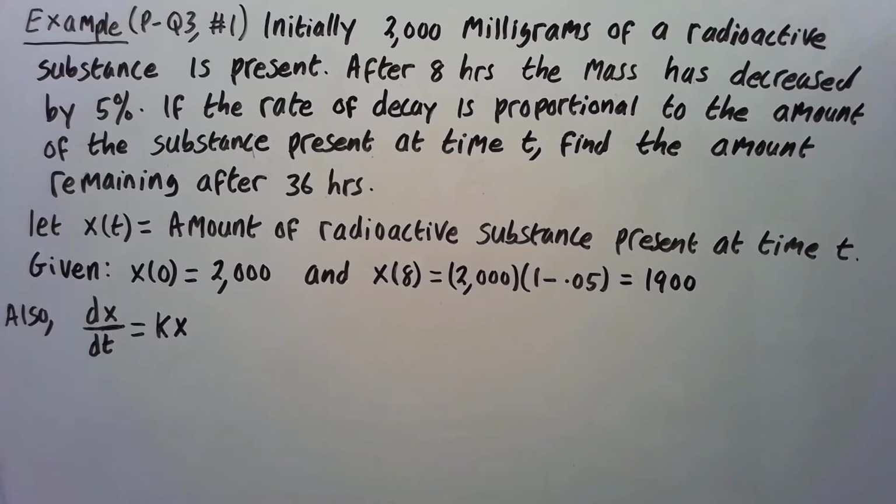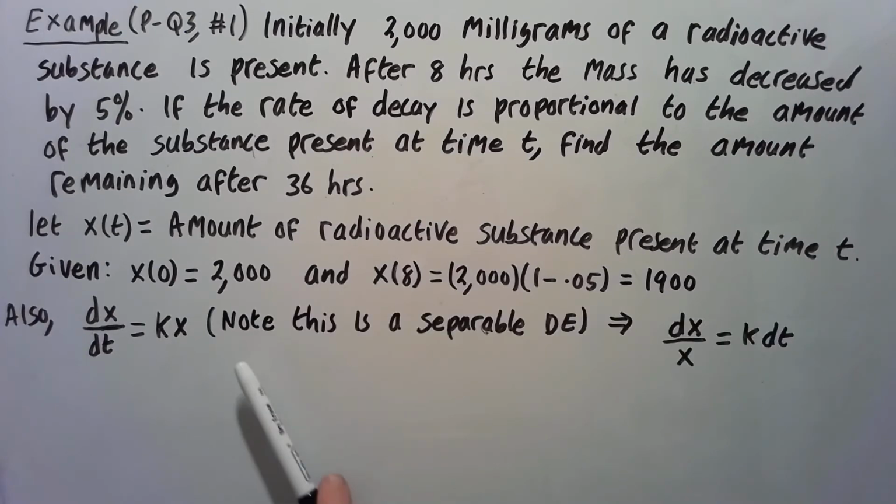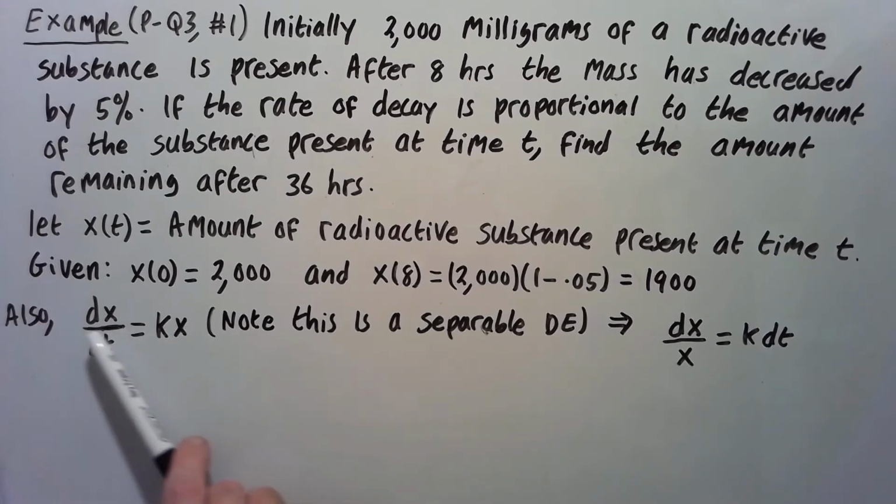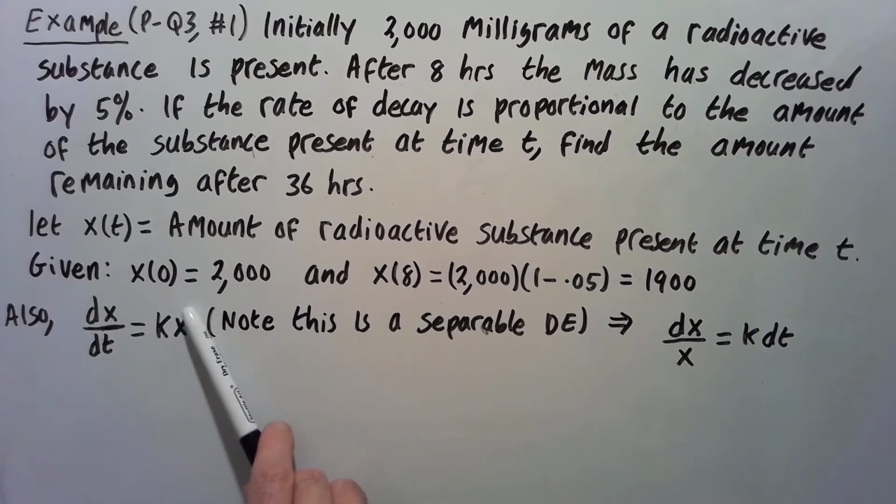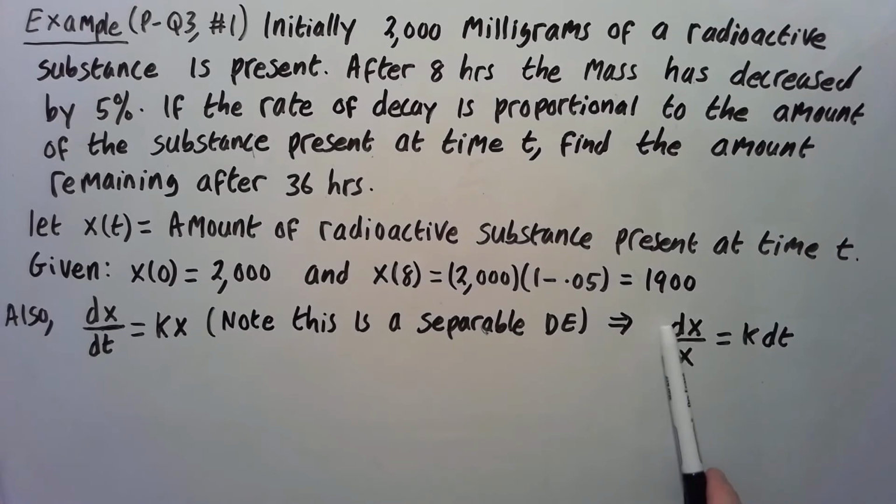So again, note this is a separable differential equation. I'm dividing both sides by x and multiplying both sides by dt, so it'll be dx over x equals k dt. Now we can integrate both sides.